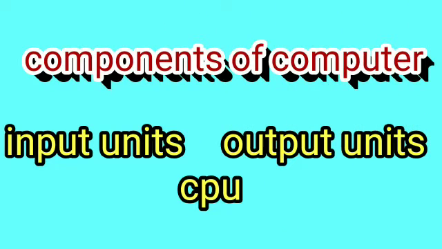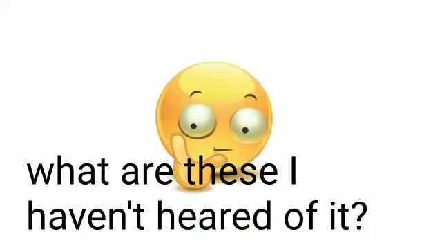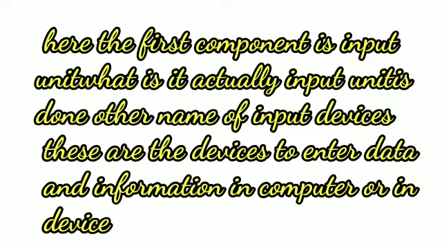So here components of computer are divided into three major parts: input units, output units and CPU. The first component is input units.